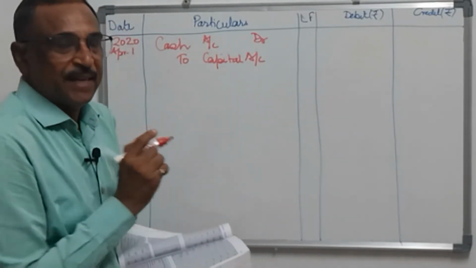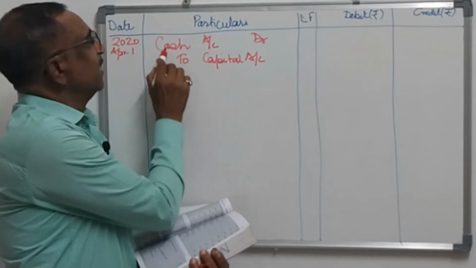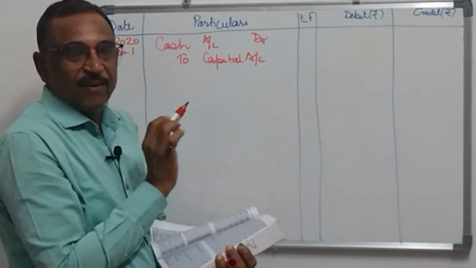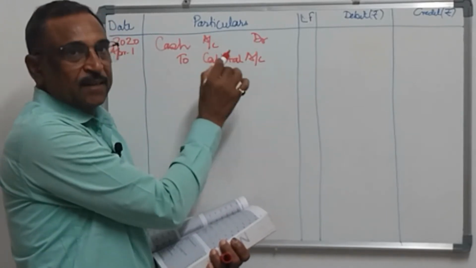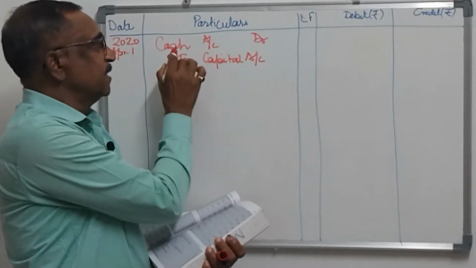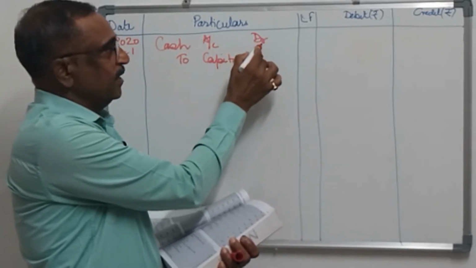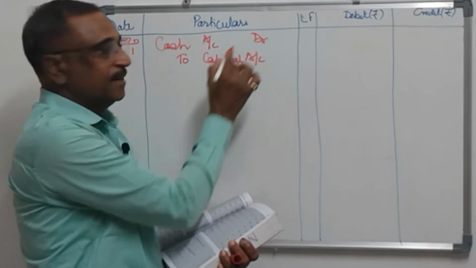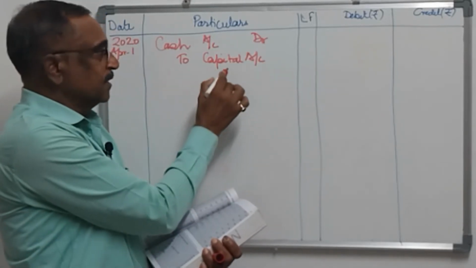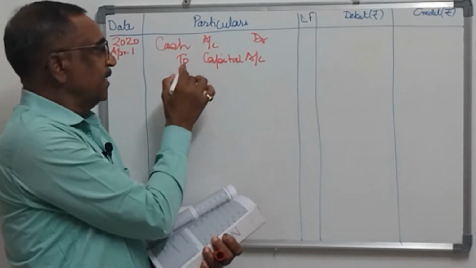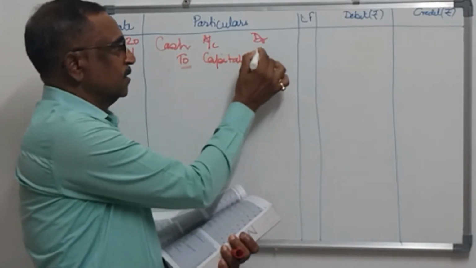Once again, let me tell you, whenever two accounts are concerned, you have identified, then the account that is going to be debited is written first this way, and in front of that account we use the abbreviation DR. And for the account which are to be credited, before that the word to is used. Okay.